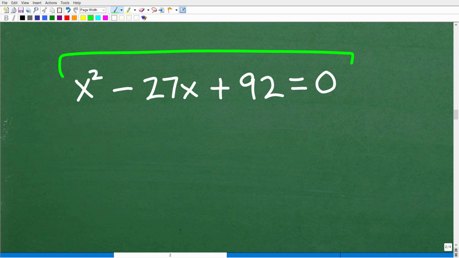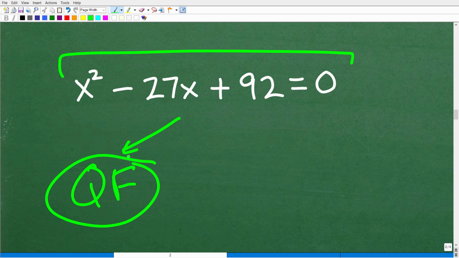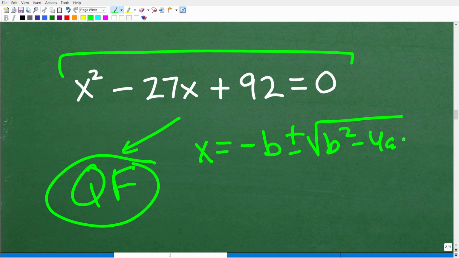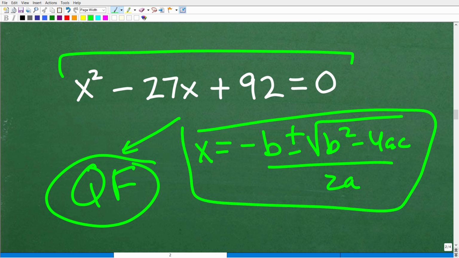What should we do? Well, we have options here. You might be thinking I may need to use the quadratic formula, but I wouldn't rush to it. The quadratic formula is x equals minus b plus or minus the square root of b squared minus 4ac, all over 2a. You need to know it, and it's important to be able to solve quadratic equations with it, but don't just rush into the quadratic formula when you have a quadratic trinomial.